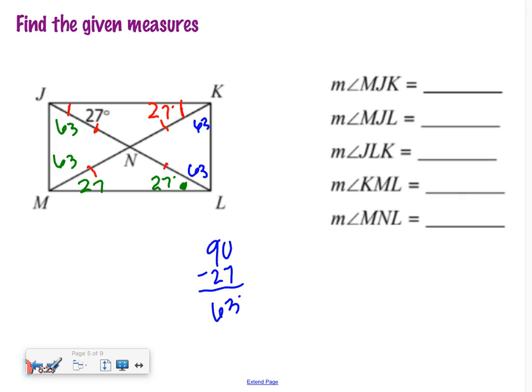Could I find this angle right here? Yep, it's a triangle, right? So if I know two angles, I just have to subtract from 180. What do we get? 54? Perfect. So this guy's 54. Then vertical angles tell me this guy's 54.